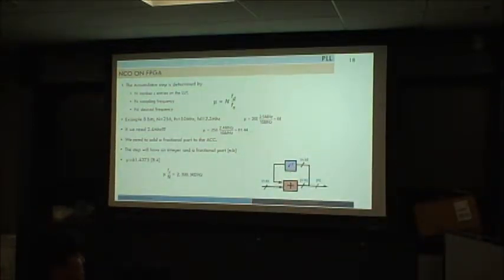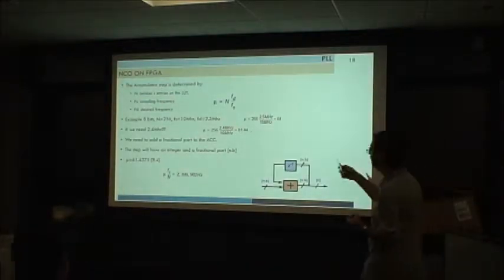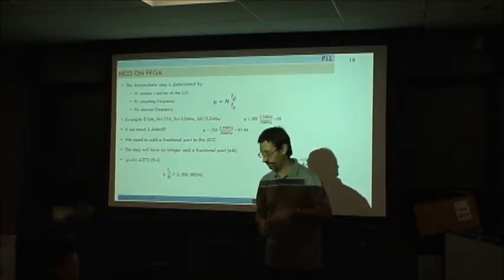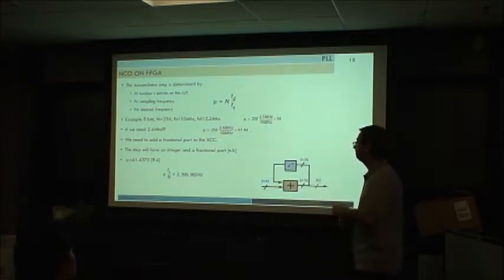And you know that this is a digital counter. So it goes 1, 2, 3. I cannot give it a fractional increment. That's not possible, because you just want to count one by one.